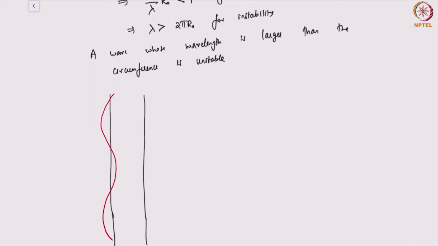This is an exaggerated drawing, but you can imagine that if the wavelength is larger than the circumference, or if k r naught is less than 1, such a wave would grow, and eventually blobs of fluid would accumulate in these bulges, and fluid would move away from the troughs, and this leads to formation of the droplets.